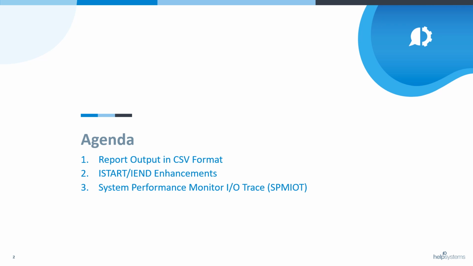Next, we will look at the enhancements of PAR iStart and iEnd commands you can use when processing SPM or SPM IoT audit trail files. And lastly, PAR support of the System Performance Monitor IO Trace SPM IoT audit trail file that is part of Release 20.0.